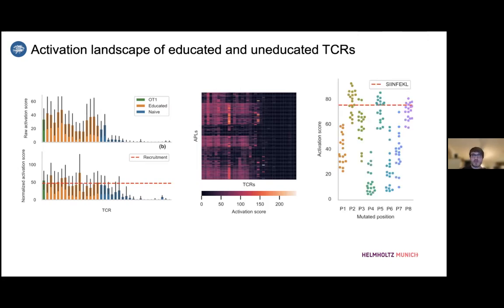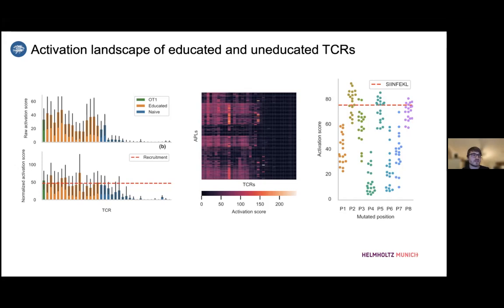If we look into the individual contributions of the positions in that epitope, we also see that certain positions seem to be more robust to mutations, whereas others reduce the activation score quite dramatically. Especially positions 2, 5 and 8, for example, seem to be very robust.